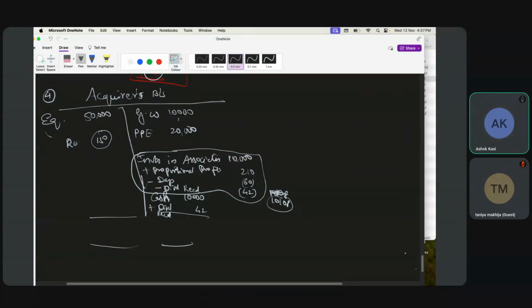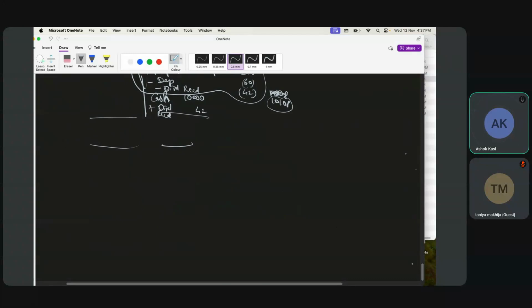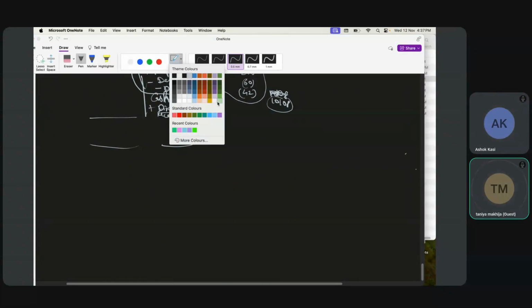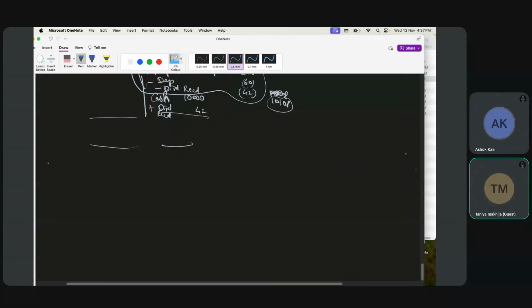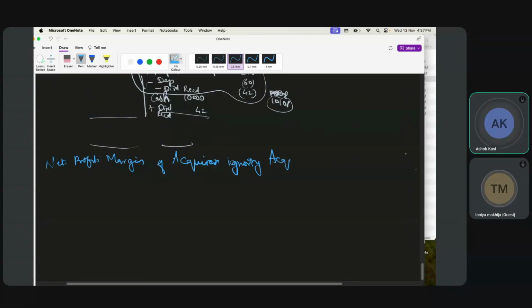Okay, now some more calculations. So this sum is done, but some related calculation. See, net profit margin of acquirer ignoring acquiree transaction.